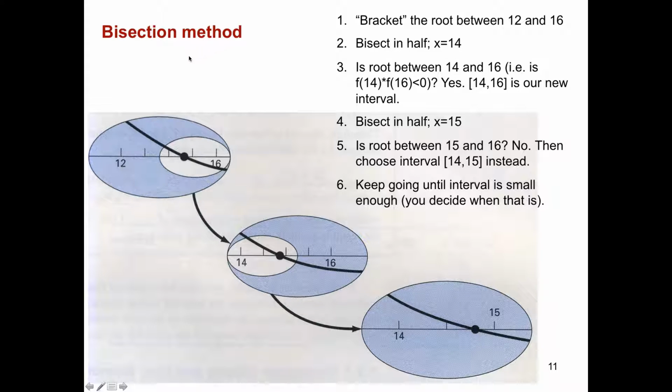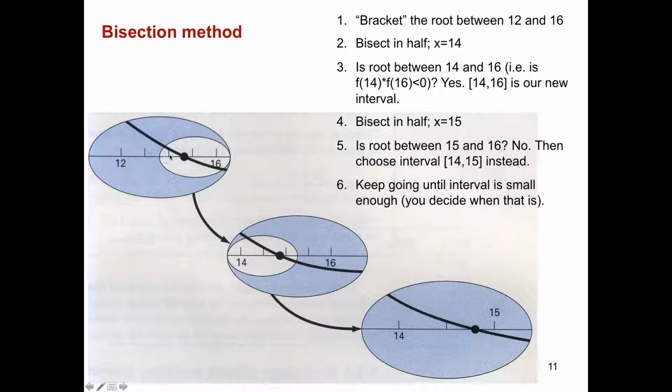And the way the bisection method works, this is now describing an algorithm that will actually try to zero in, quite literally, on that 0 of the function f. So you have to find the interval to start with, and I have found it. Let's say that it's 12, 16. And then I have to bisect it in half.